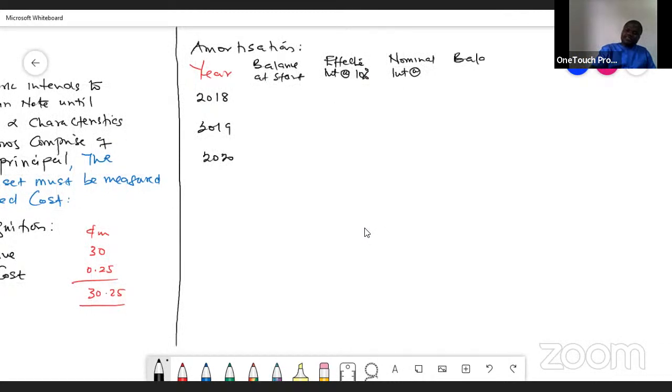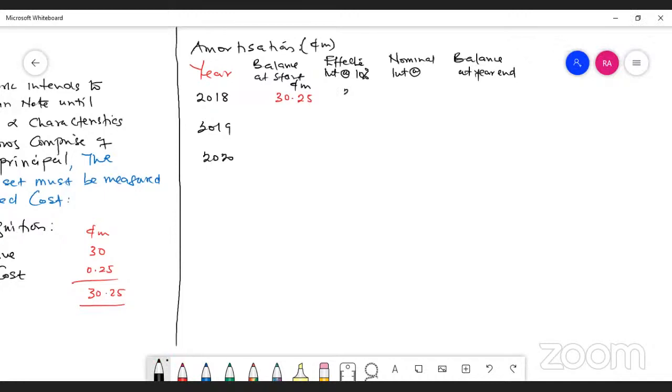Then balance at year end. So balance at start is 30.25, all figures in millions. 10% of that will give us how much? 3.03.